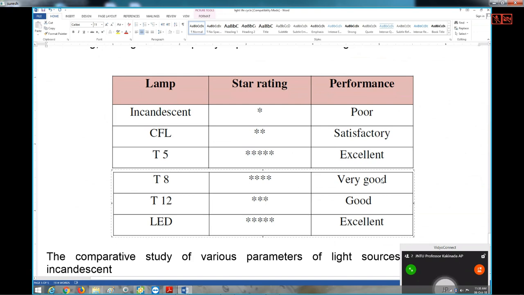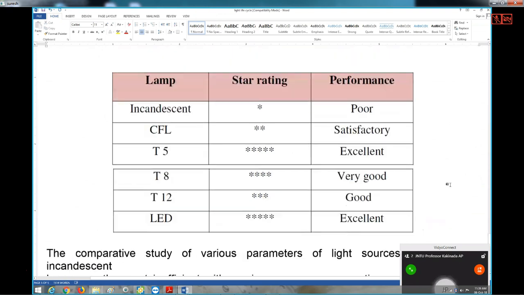Performance is very good. And T12 tube lights have a star rating of 3, with good performance. Coming to LED lamps, we have a 5 star rating, and they perform excellently from the energy consumption point of view, luminous efficiency, luminous efficacy, and overall energy saving and tariff point of view also.